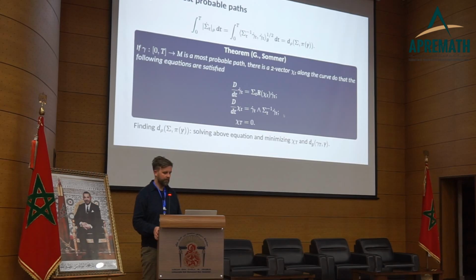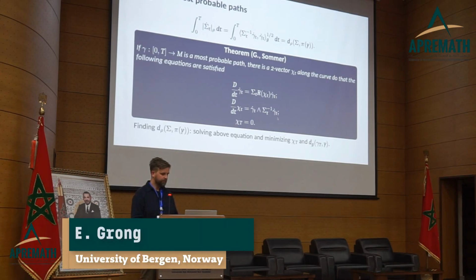It's a bit more complicated, but it means that there's basically a two-vector that is parallel, whose derivative in a parallel frame looks like a curve multiplied with the covariance.